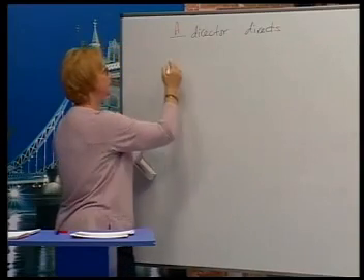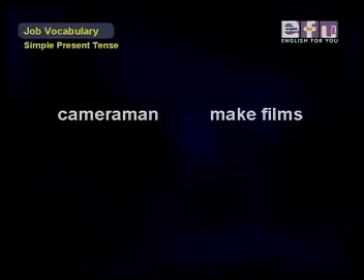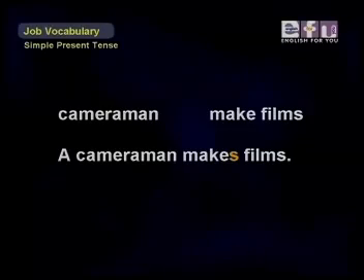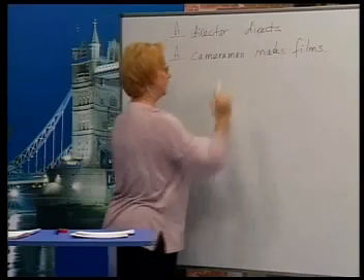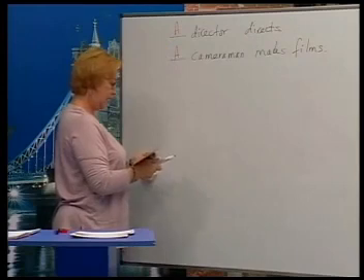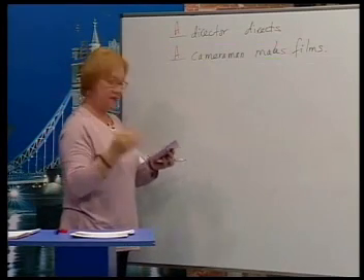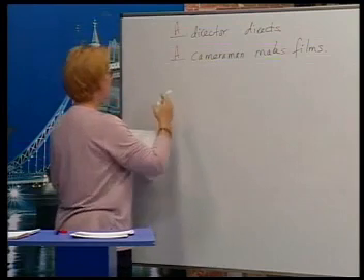Next one, cameraman, make films. All right, this one is for Ali. A cameraman makes films. A cameraman makes films. All right. Or a cameraman makes television programs or videos. All right, here we go.